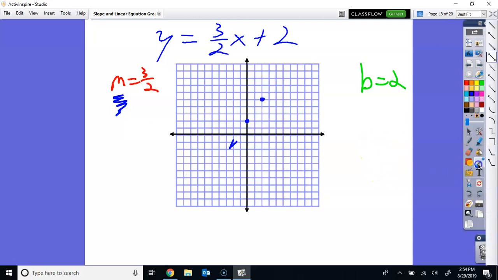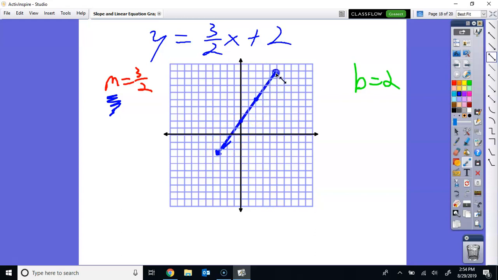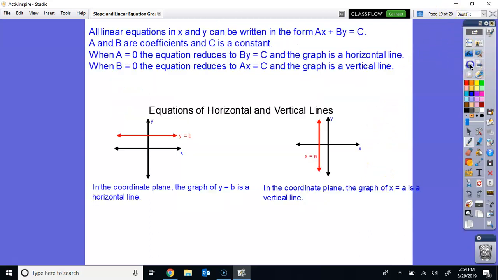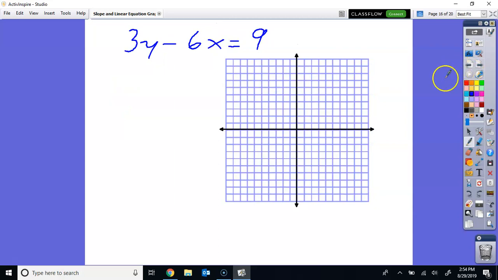Now, obviously, hopefully you can draw a little bit straighter line than Mr. Harrison can, and that's probably the case with Mr. Harrison's drawing, right? But you can do this with any equation that fits that format. Even if it doesn't fit the format, if it looks like this guy right here, you can still get y by itself by adding 6x to both sides.